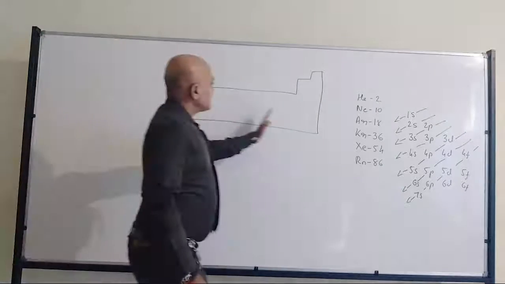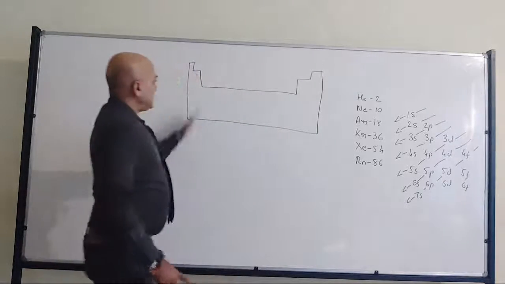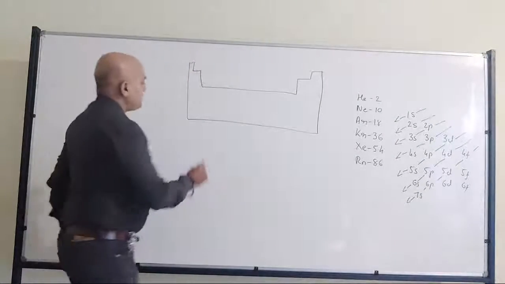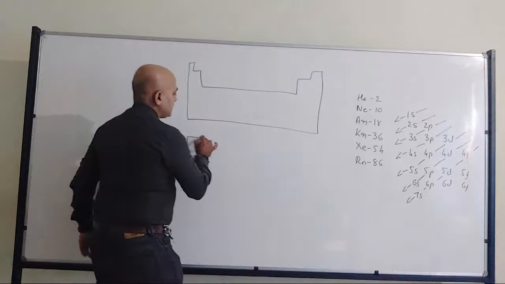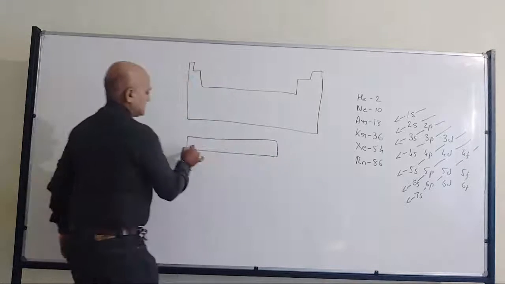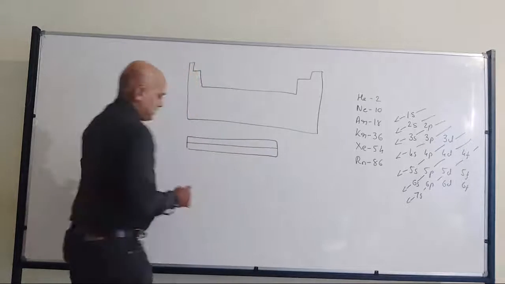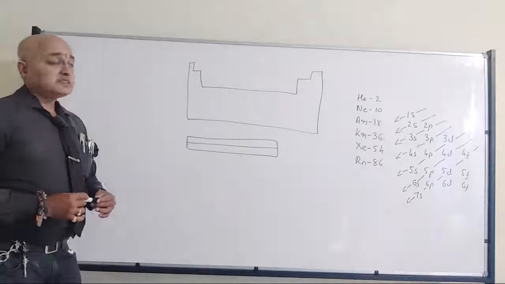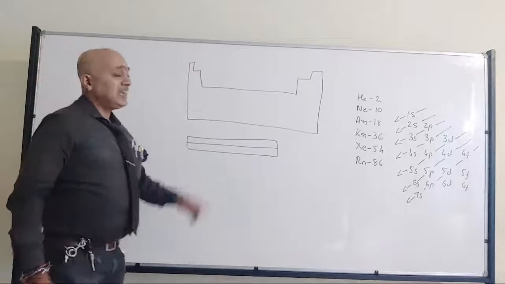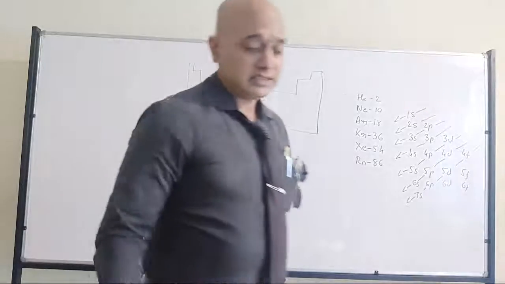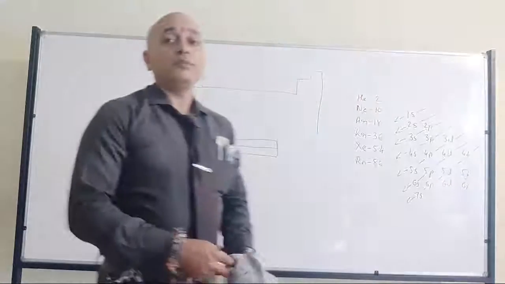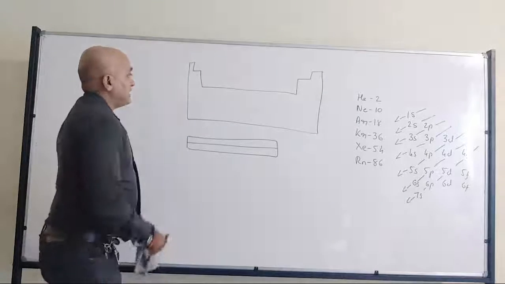You can see there is a uniform edge. But at the bottom, once again they have given some elements. So that's where I am talking about the f block elements.